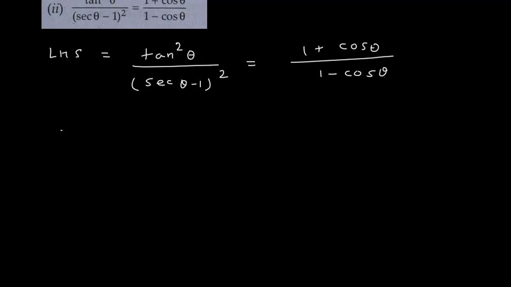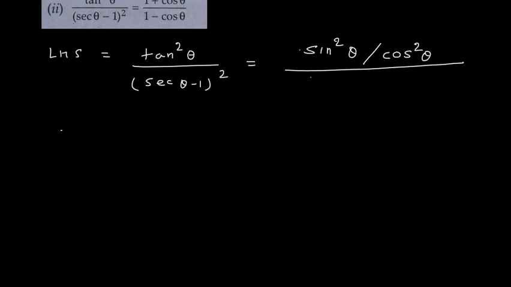So this is LHS. Here I have written what we have to prove, that is already given. So LHS: tan square theta upon (sec theta minus 1) the whole square. Here this tan square theta, what we do, we write as sin square theta upon cos square theta, and this sec theta, I will say that this is 1 upon cos theta, minus 1, the whole square.